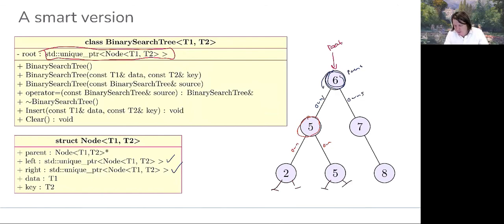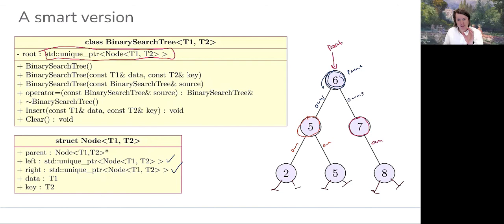So let's look at the right subtree of the root. In this case, we see 7, which is going to own the node with 8. And again, 8 is a leaf, so it is going to own nothing. So at this point, we can see how the structure is set up.